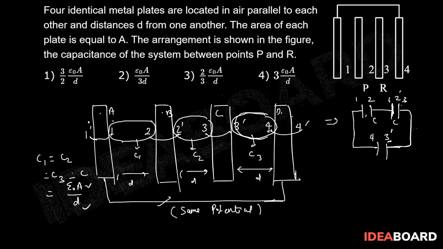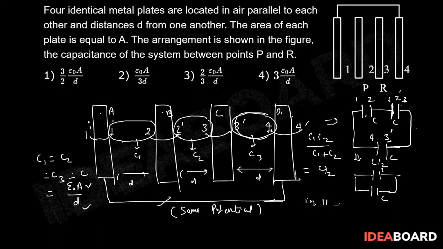So this will be C, C and C. Now we know that this circuit diagram will look like this circuit diagram, correct? So this equivalent will become C by 2, because in series we have C1 C2 upon C1 plus C2. If you put it, then you get C by 2. So now you have C by 2 and C in parallel.